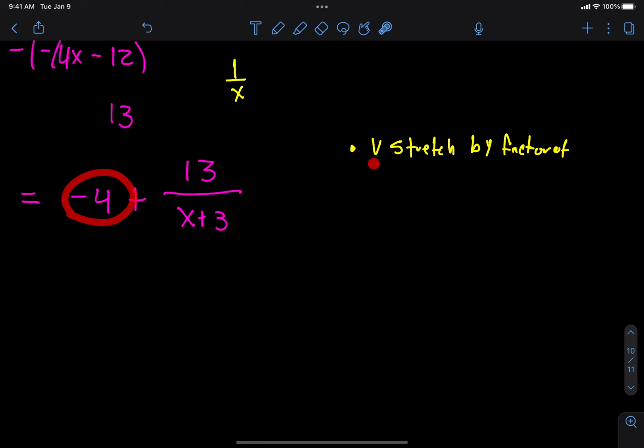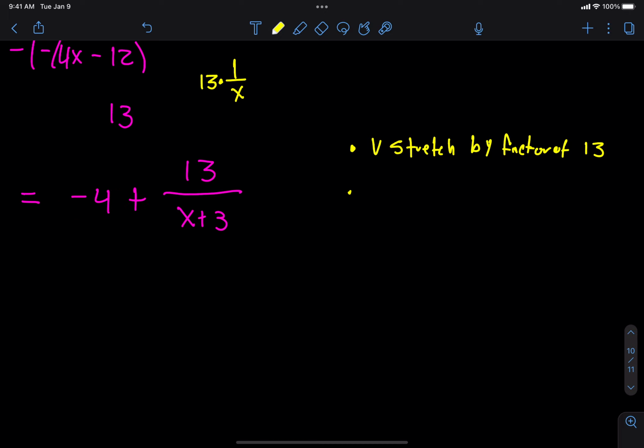Negative 4 for vertical stretch. I think in this case it's going to be 13, because we're multiplying by 13. That's how we get it to look like 13 over x, right? So what is this negative 4 contributing? Reflection? It's not a reflection. What is this going to cause? Vertical shift down. Very good.